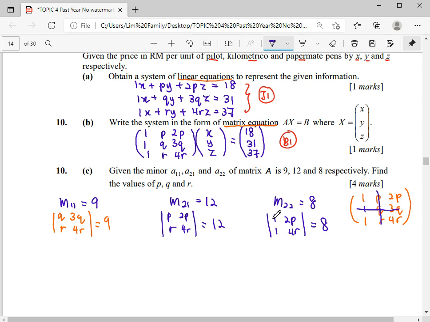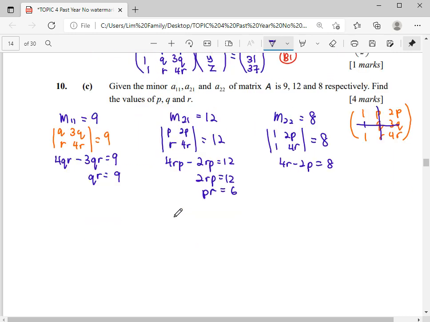For the first, 4QR minus 3QR equals 9, which means QR equals 9. Cross multiplying the second, 4RP minus 2RP equals 12, so 2RP equals 12, which means PR equals 6. For the third, 4R minus 2P equals 8, which we cannot simplify further, so we can substitute to solve for P, Q, R.